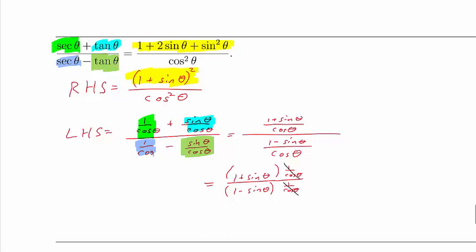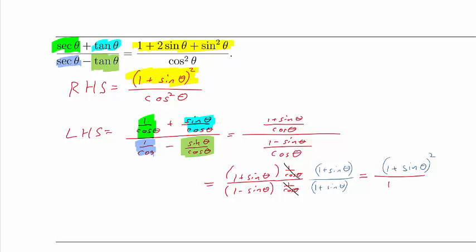So it should be pretty clear that this cancels with this. And so now we're going to multiply across by the conjugate of 1 minus sine theta, which is 1 plus sine theta over 1 plus sine theta. And so when you do this, you multiply across. And on the top we get 1 plus sine theta quantity squared, sorry.